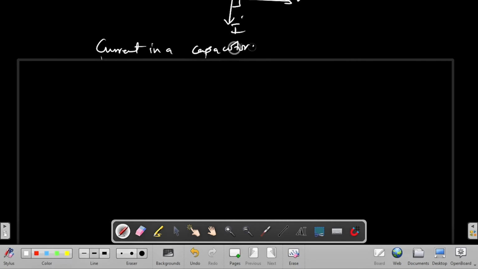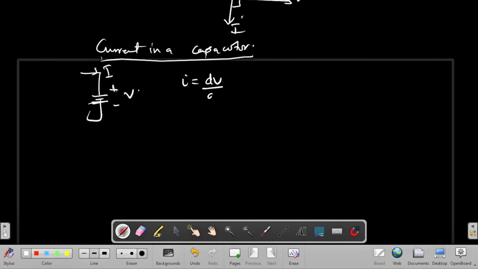So what happens for a current in a capacitor? I'll take a branch with a capacitor, the current flowing through I, my capacitance polarized plus minus V. So generally, you know that a current flowing through a capacitor is given as the change in the voltage across the capacitance times the capacitance.